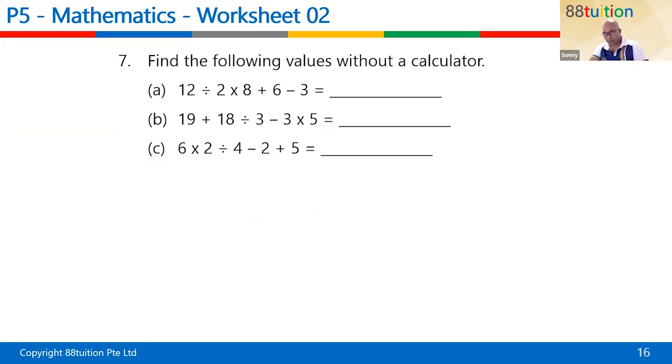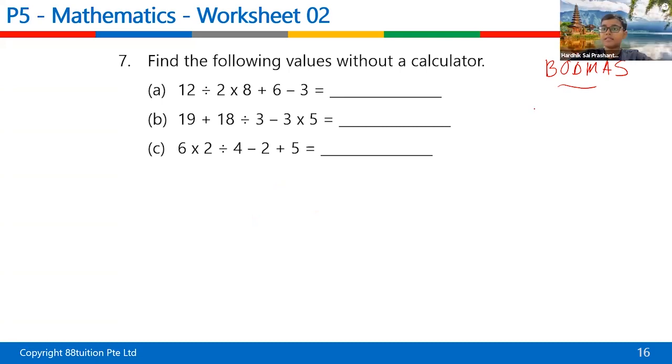Okay. When you do this, remember, you can use the application of BODMAS. Nowadays, schools do not really emphasize on this, but you can still use this. You know what B stands for, right? Brackets. Okay, I'll just go through. B stands for brackets.